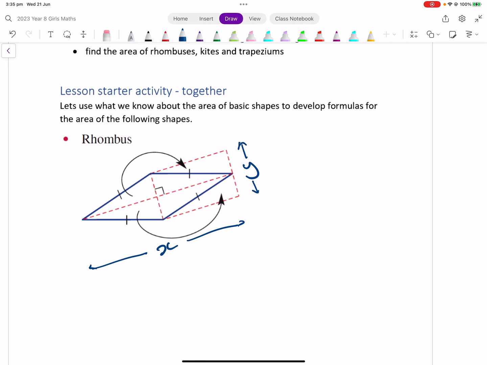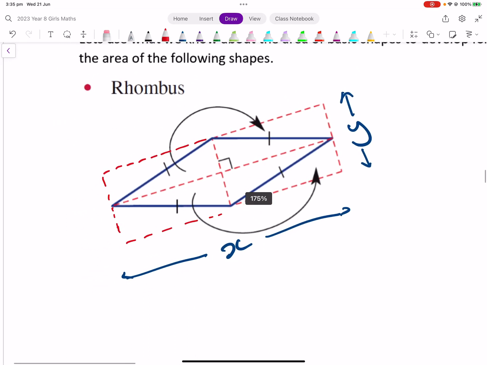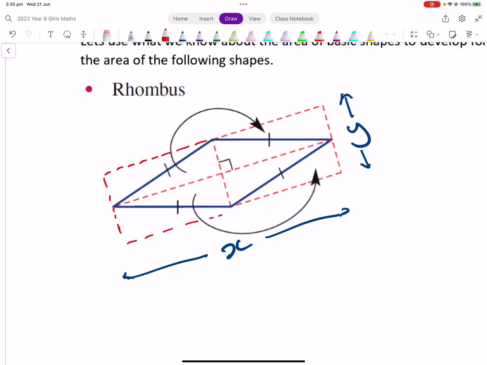All right, I want to show you a couple of things by extending this diagram, and then zooming in. I hope you can see that the rhombus is sitting within a red dashed rectangle, and the red rectangle has the same dimensions as the rhombus, X times Y. So let's zoom in on this top left corner.